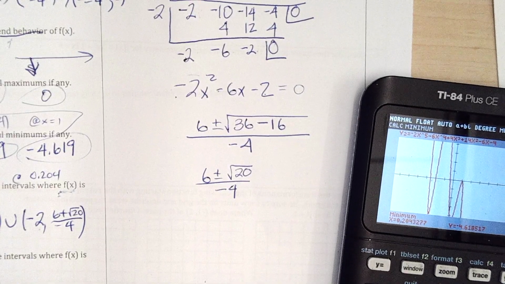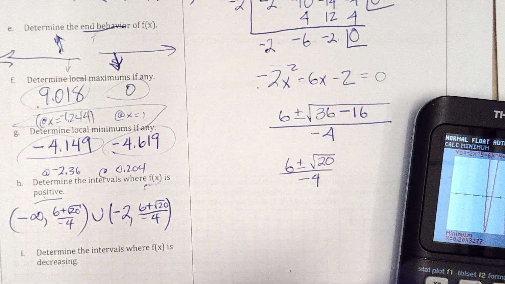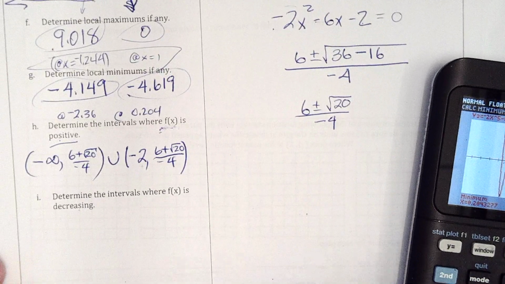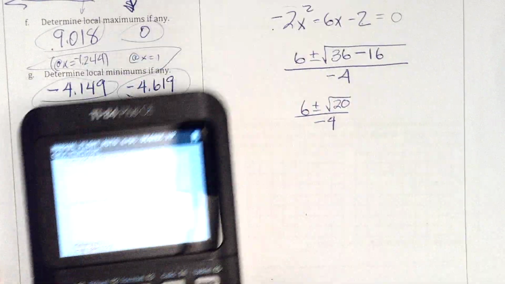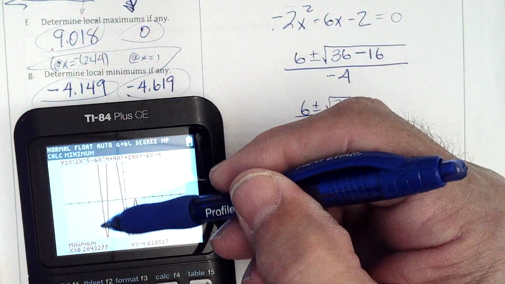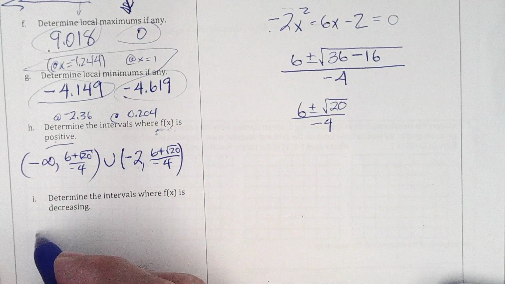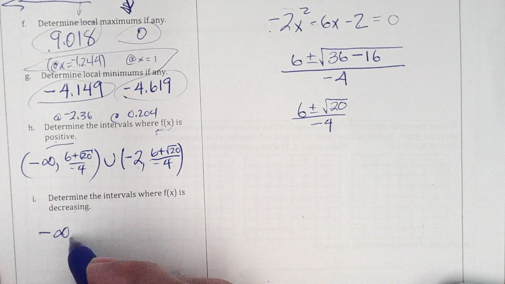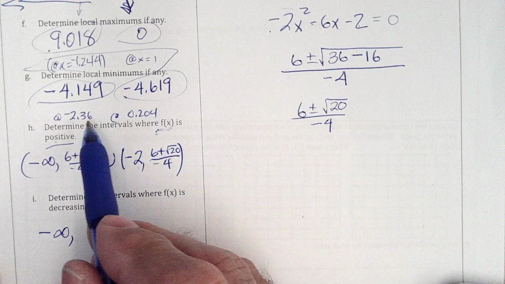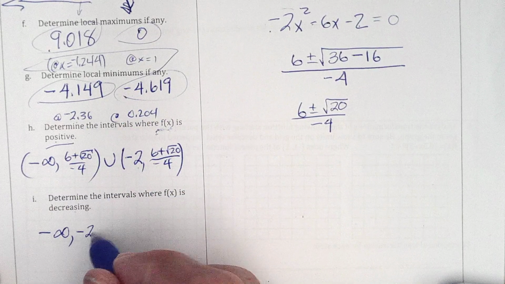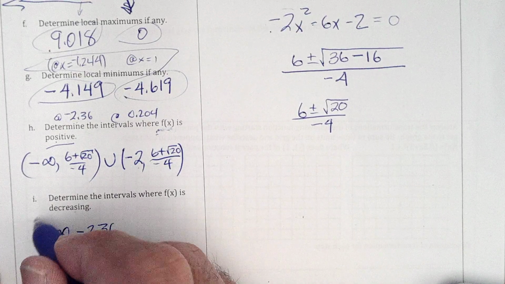And now when is it decreasing? This is when these are going to be important. It starts off infinitely high, and it's coming down all the way to that minimum. So it's decreasing from negative infinity up to the first minimum, which happened at x value of negative 2.36.